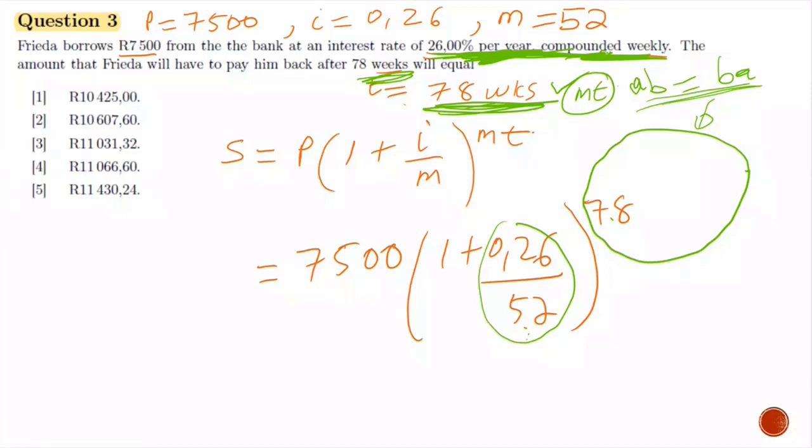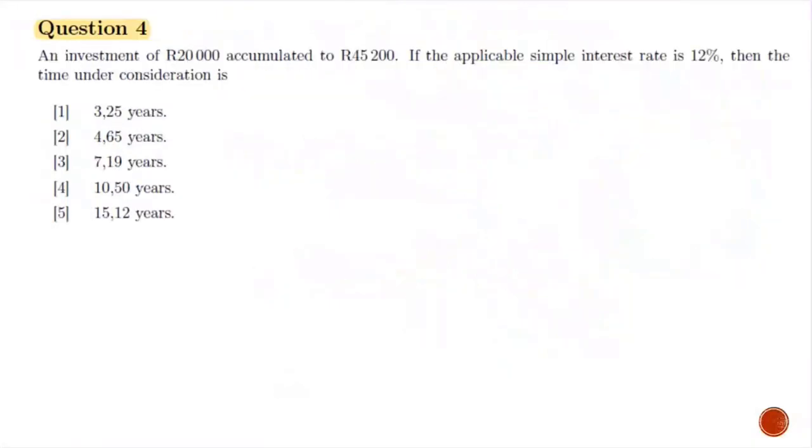So you don't need to proceed. Hence I'm saying, check what it is that you are given. Do you need to convert for the sake of converting? Your time is already in weeks. So now you proceed and get the answer. That's what I wanted to highlight there. Let's look at this one.